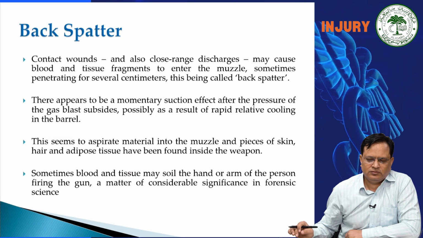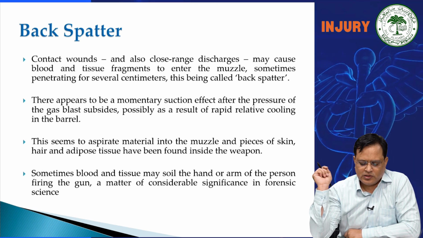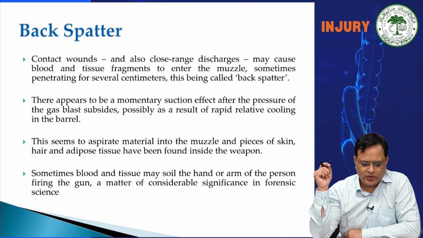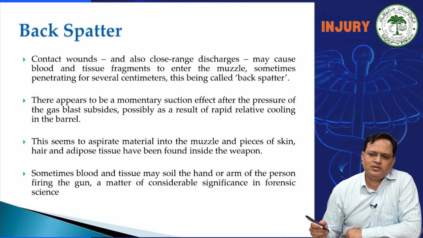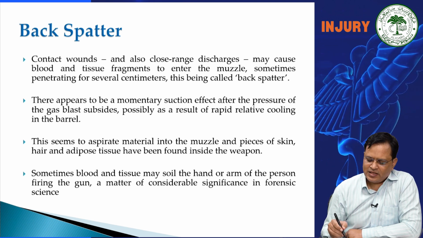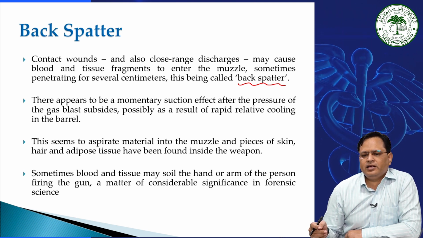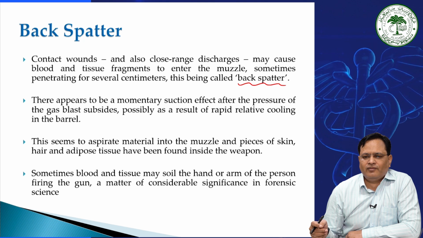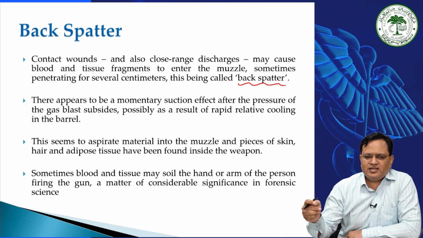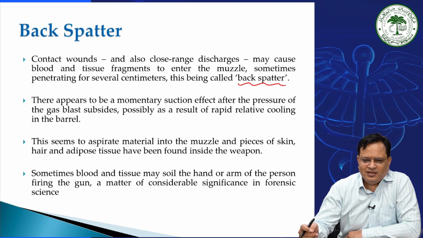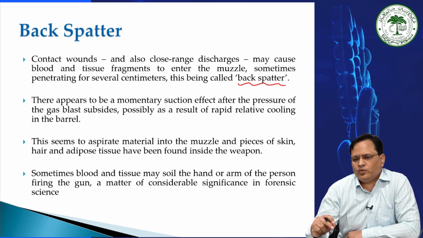Back spatter, when the gun is very close. In contact wounds and also close range discharge, blood and tissue fragments may enter the muzzle, sometimes penetrating several centimeters. This is called back spatter. It is because of a suction mechanism or negative pressure created inside the barrel after the quick discharge of gases. There appears to be a momentary suction effect after the pressure of the gas blast subsides, possibly as a result of rapid cooling.